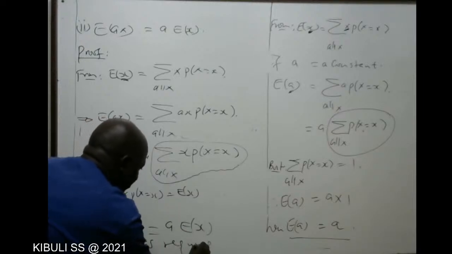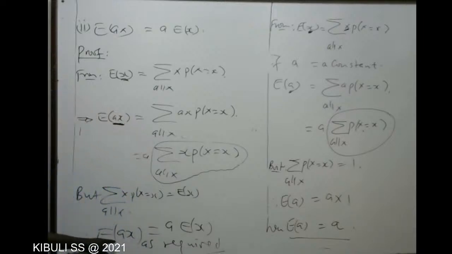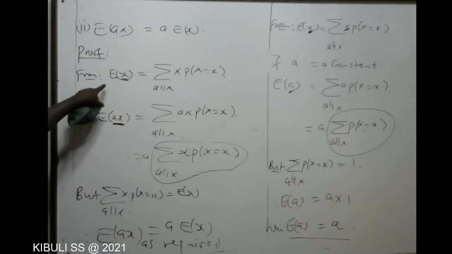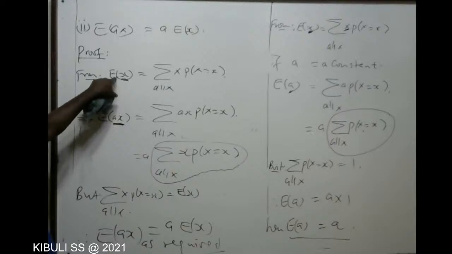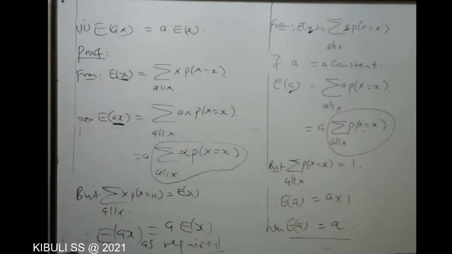If you are required to prove that the expectation of this one is equal to that one, the beginning point is still that one. Keep that in your mind. The beginning point is the formula, mastering the formula and putting in those values.